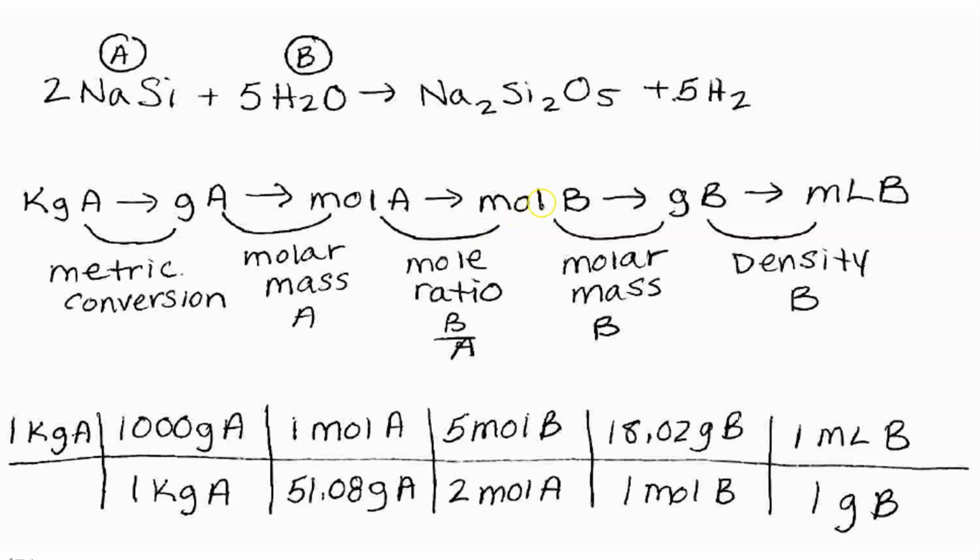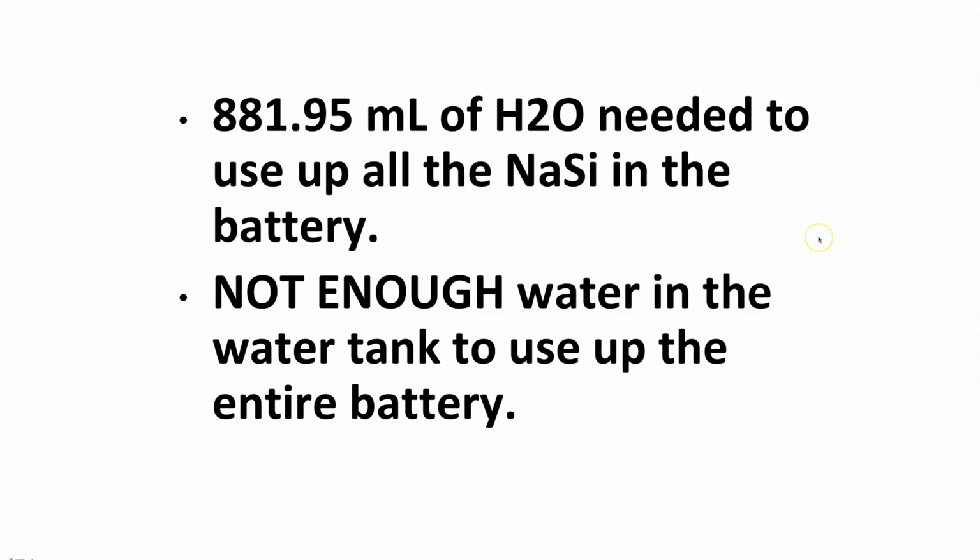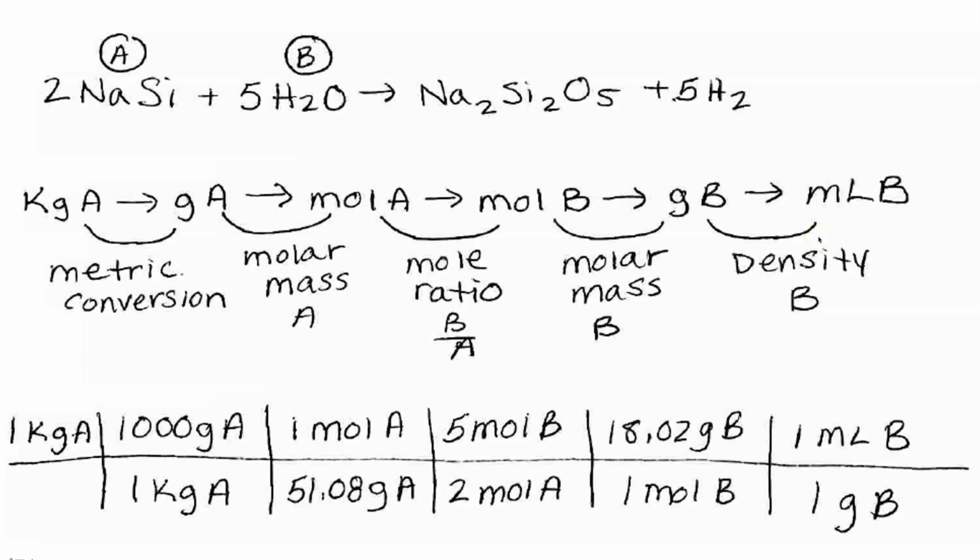Well, once I have moles of B, to get back to grams of B, I use molar mass. Easy enough, periodic table. And then lastly, I want to convert my grams of water to milliliters of water using the density of water.